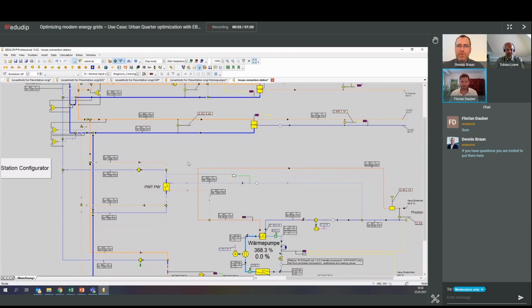Having it in one model, you can change something on one end and see the effects on the other end, especially when you are concentrating on CO2 emissions or the primary energy factor. It's very important that you have a holistic approach and an overview of the whole generation station.